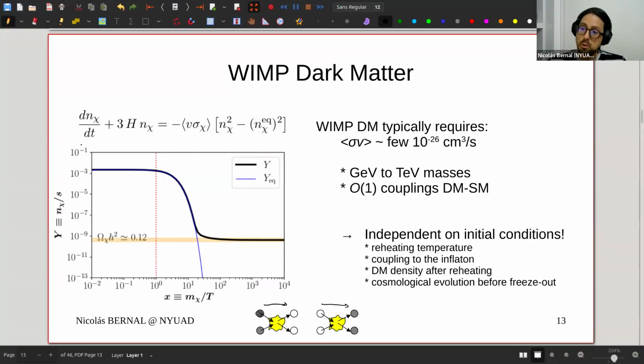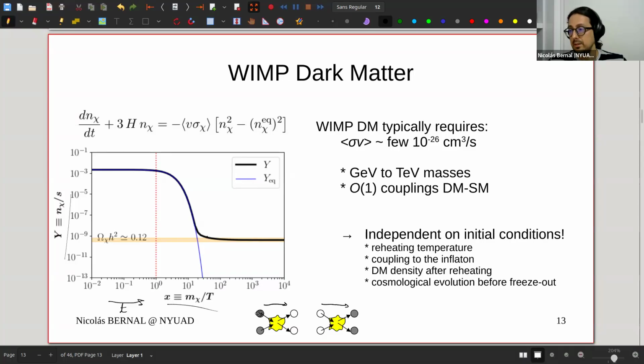So here, for instance, I'm showing a plot of the co-moving number density as a function of the inverse of the temperature. This x, the inverse of temperature, is a proxy of time. So time is flowing from left to right. This blue line here corresponds to the equilibrium density, Maxwell-Boltzmann, Fermi-Dirac, whatever you want. Dark matter, the black line, is tracking the equilibrium.